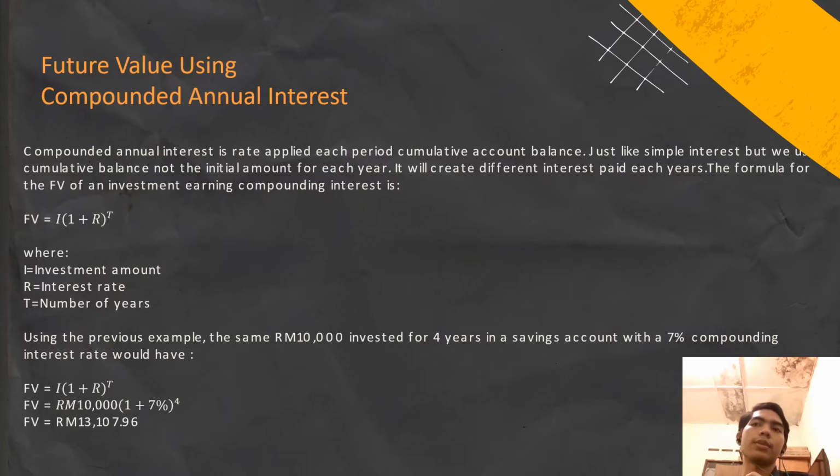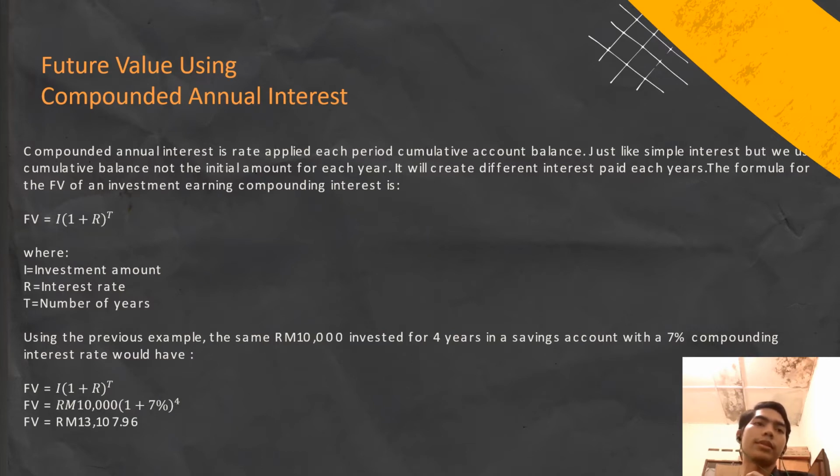So the formula is the future value equals the investment amount, in brackets 1 plus interest rate, to the power of the period or number of years.